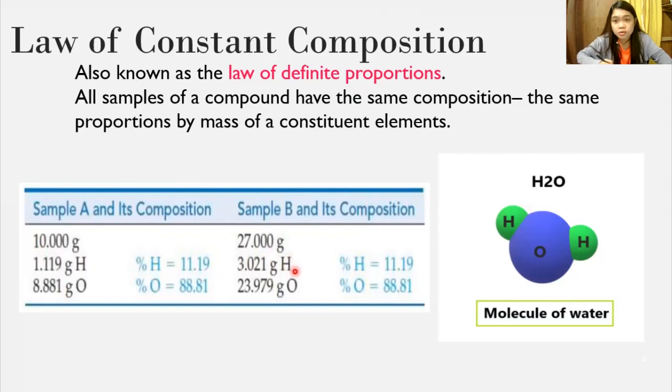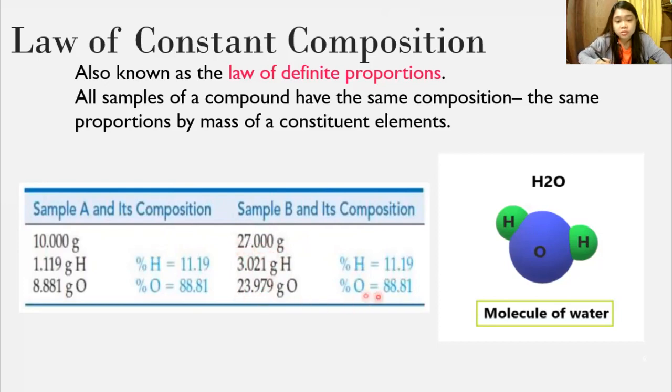So if you're confused or not sure that they are just the same, you can do the same process as we have done in sample A. So this mass here, we divide it by the total, which is 27 now, multiplied by 100, so it's just the same. We have still 11.19% of hydrogen in the total sample here.